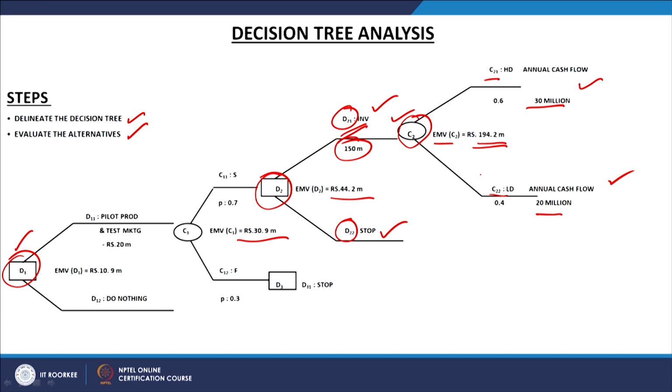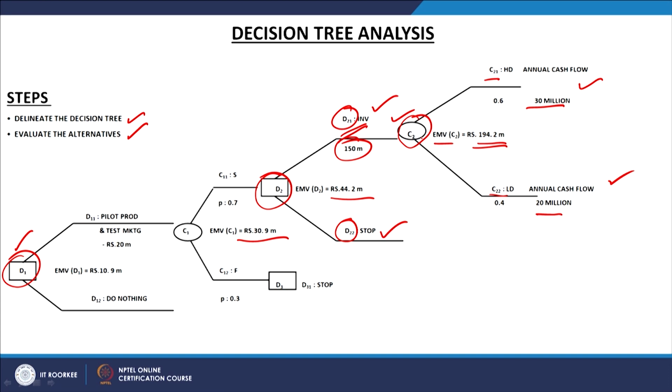So, if you look at the total information given to us here, on the basis of that we will try to find out, because we want to take this decision D21. We have to take this decision on the basis of the chances of high demand and low demand.